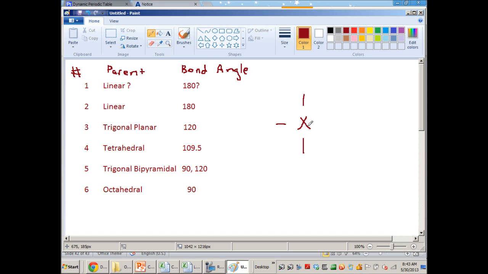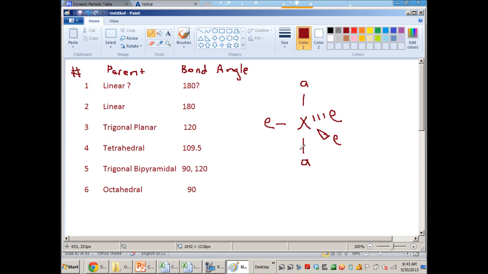And these different sites will have different angles. We'll call these things E for equatorial. And we're going to call these two sites A for axial. So the axial sites are at 90 degrees to all the equatorial sites. All 3 of these equatorial elements are in a plane with the central element.